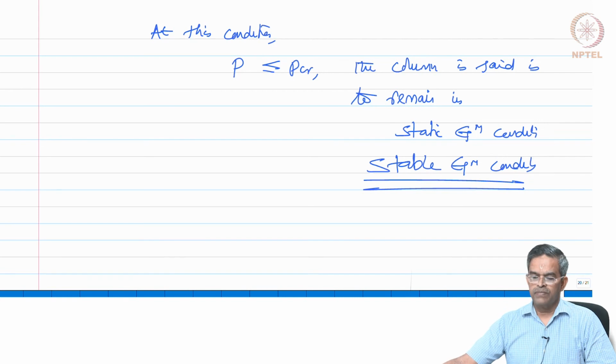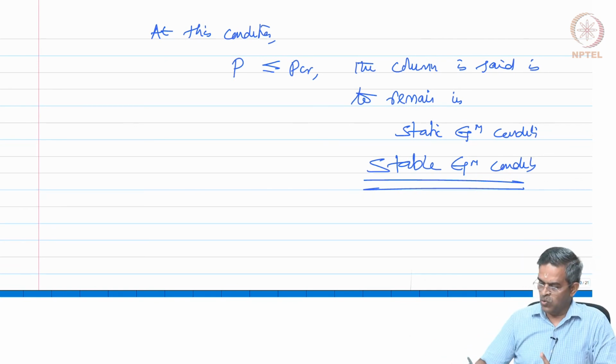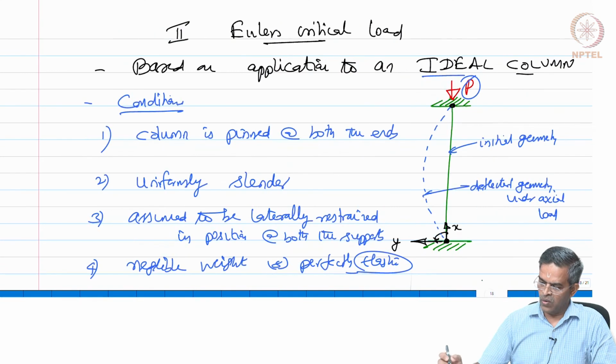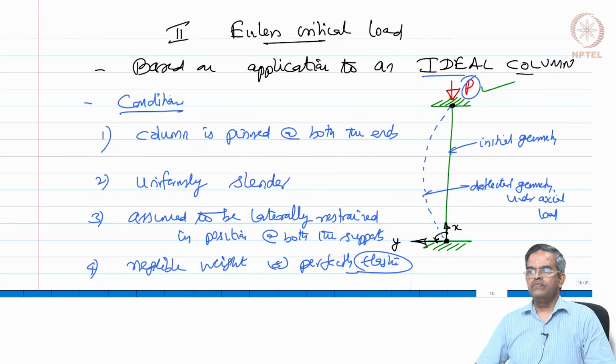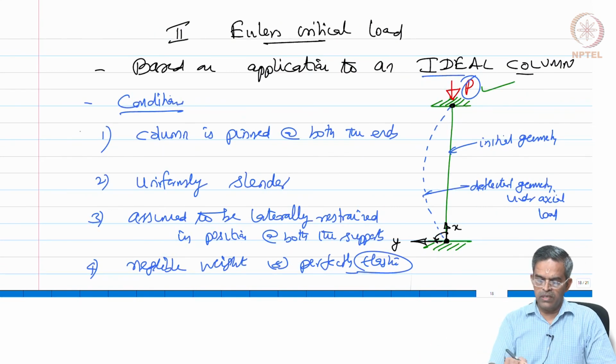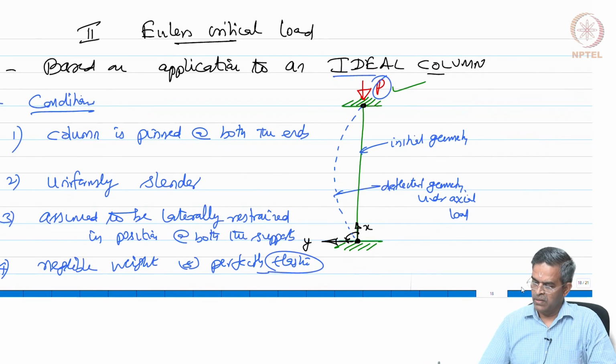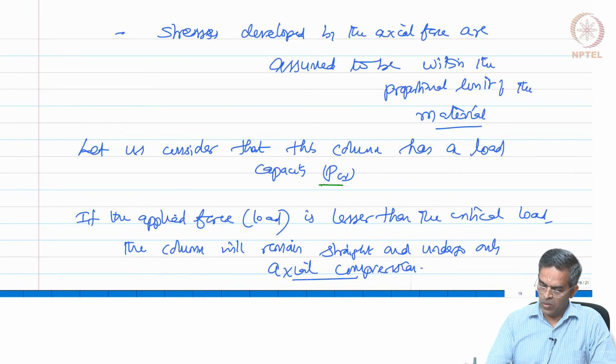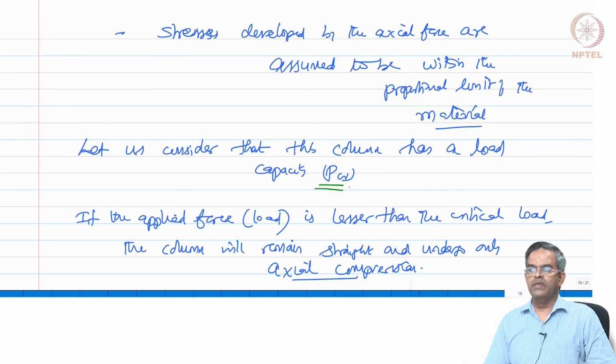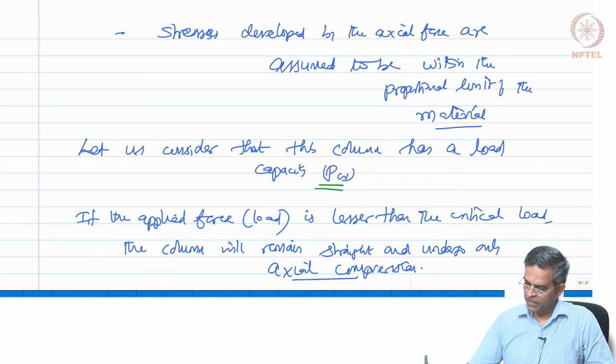Therefore, friends, under such condition, if a lateral load is applied at any point, please understand, now I am talking about two loads. One is the axial load, which is causing these ideal conditions, and we have worked out a critical load and declared that the column is in stable equilibrium.